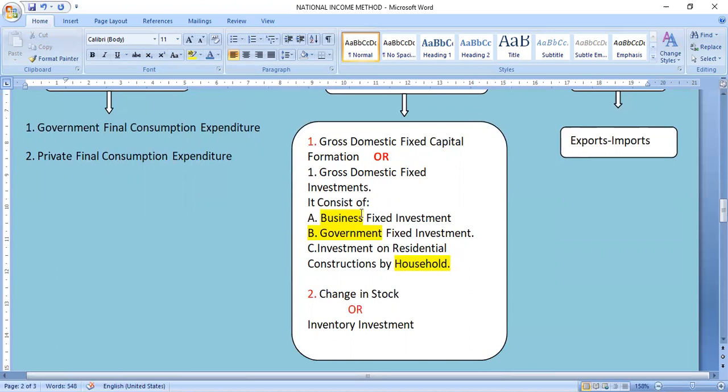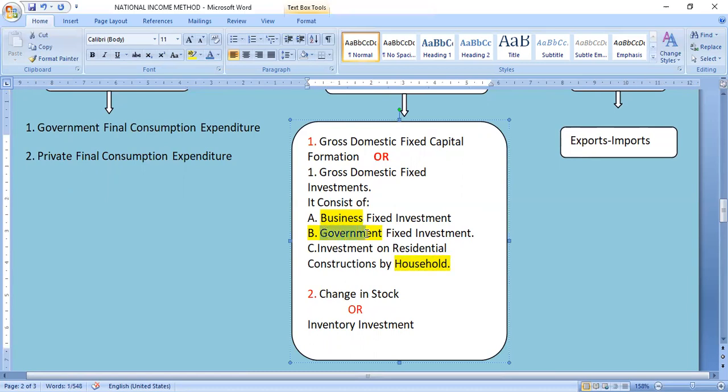It consists of business fixed investment, then second is government fixed investment, and third is household fixed investment. There are three types of fixed investment: household, government, and business purposes.